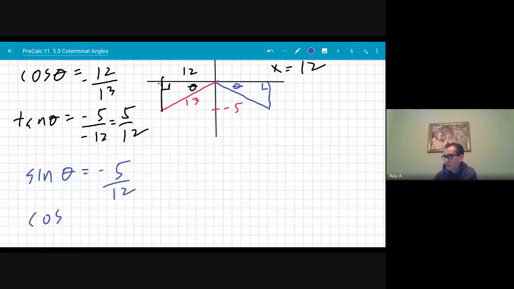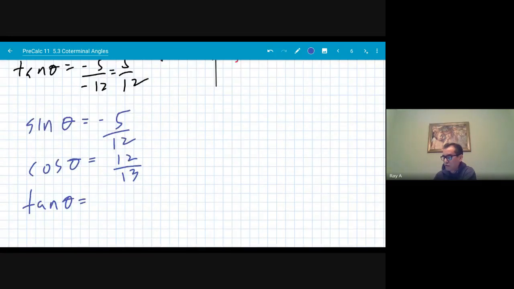Cosine theta, if you use Pythagoras, you will still get 12 over 13. Then you ask yourself, what is the sign of cosine in quadrant 4? It's going to be positive. And what is tangent going to be in quadrant 4? It is going to be negative. So there are your values.